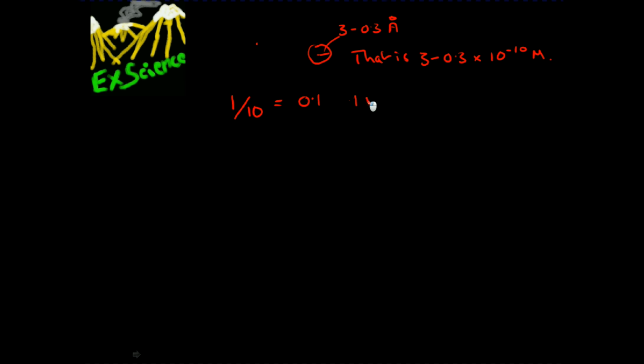That would be 1 times 10 to the minus 1 meters. If I repeat this process and divide it by 10 again, then I would have 0.01 meters, which is 1 times 10 to the minus 2 meters.